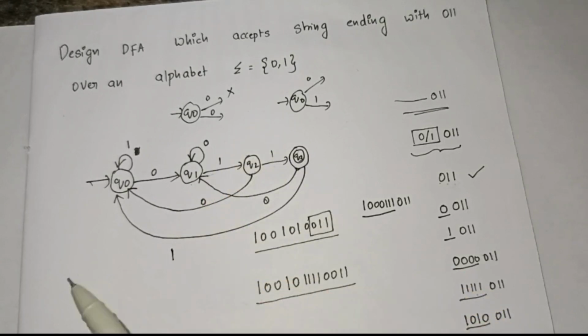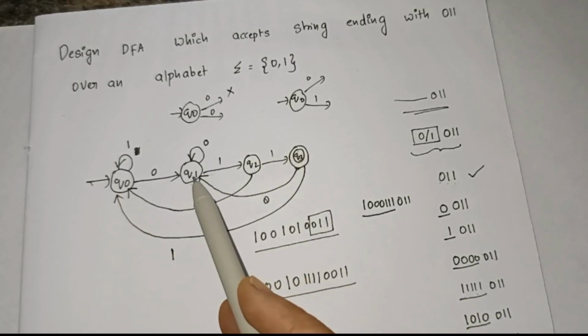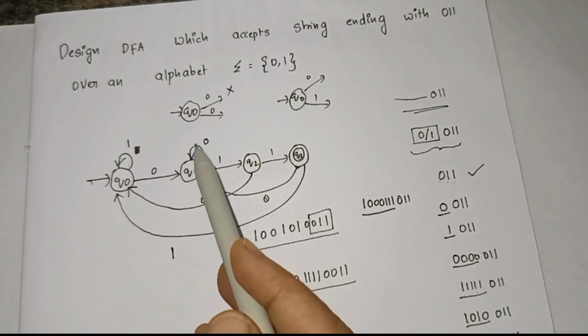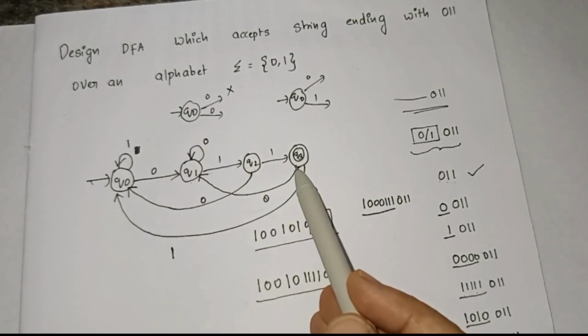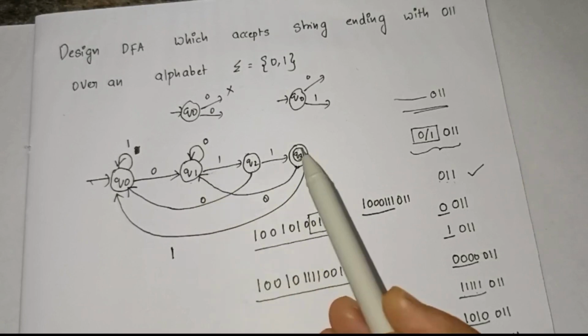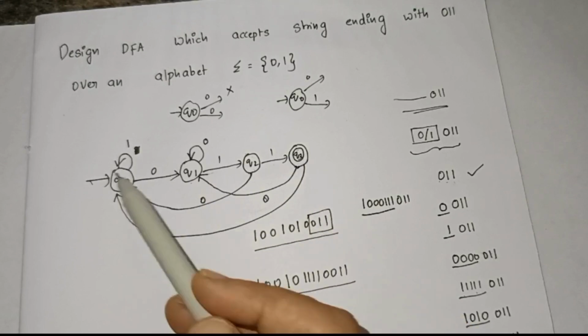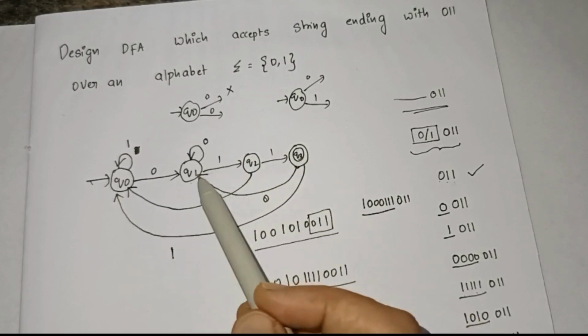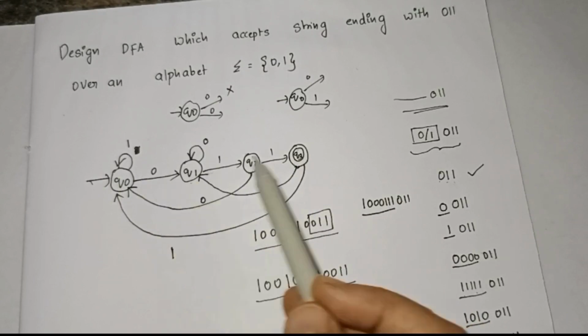One simple idea we can use is that 0 1 1 we already have. If it is 0, better put it before this 0 1 1. If it is 1, better take it to Q0. If it is 0 only, you have to move it to Q2 and Q1 because it should end up with 0 1 1, 0 0 1 1.